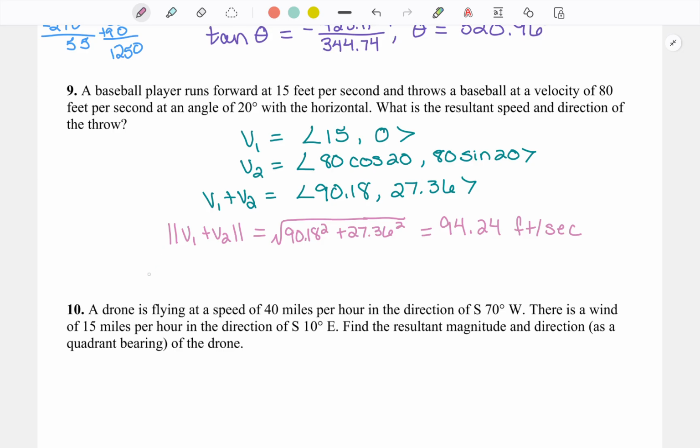And then our direction angle, we have the tangent of theta equals 27.36 over 90.18. So that leaves theta as 16.88 degrees.